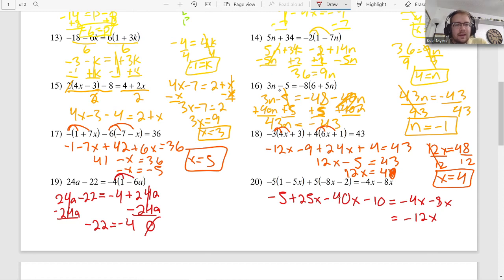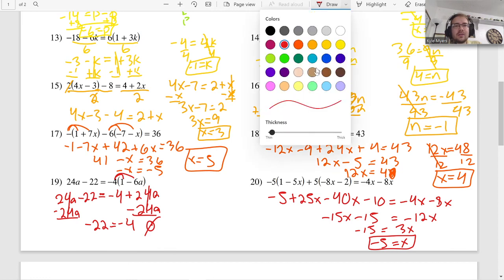So 25x minus 40x, I'd be subtracting. 40 minus 25 is 15. So it would be negative 15x. Negative 5, negative 10, negative 15. Look at that, bunch of 15s going on here. Okay, so we would add 15 to both sides. You get 3x. And then divide by 3, you get negative 5. And there we go. All right, so that's it for that.